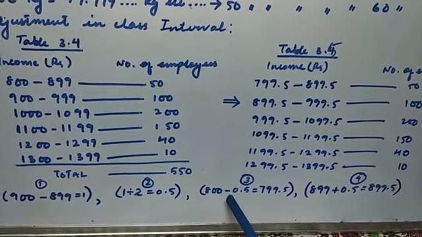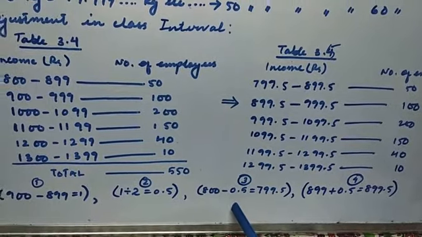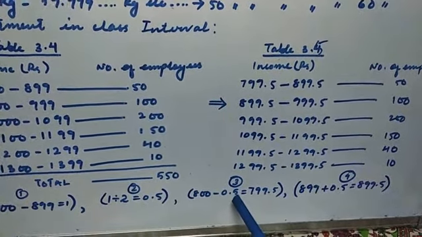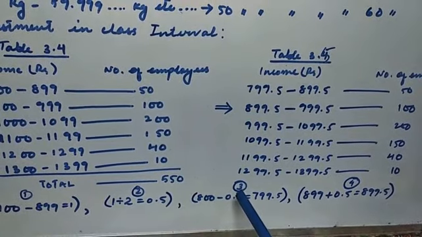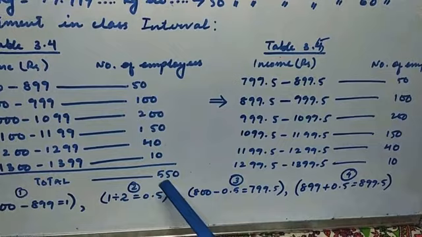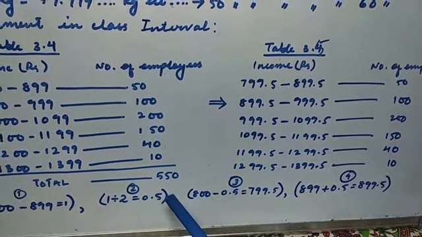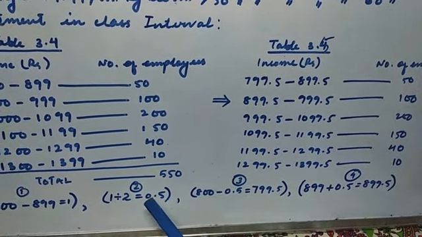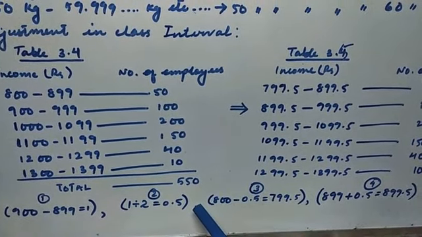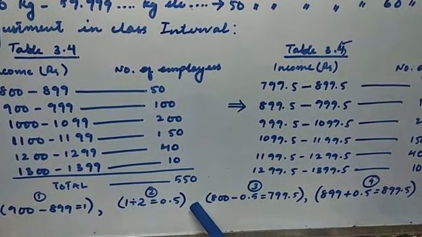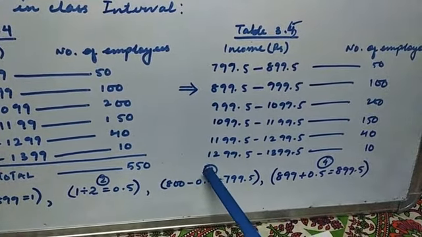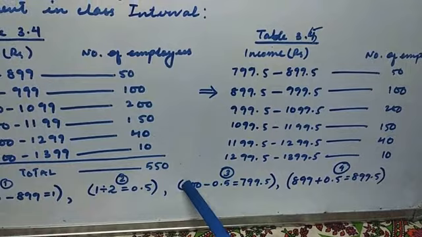So what is the third step? Here it is a little bit tricky and you should not get confused. The third step is we subtract the value obtained, 0.5, from the lower limits of all classes.